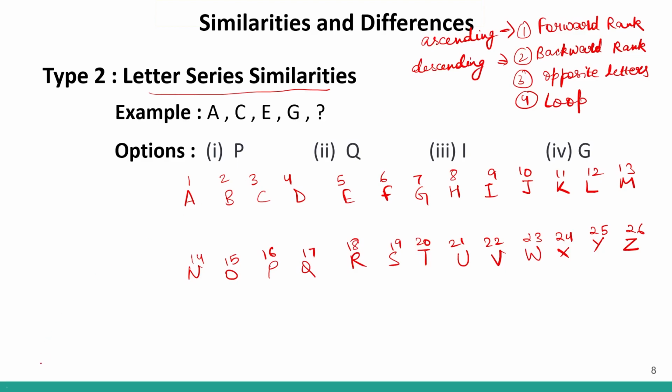In backward rank, we go from larger number to smaller number. So from Z, I'll give it first rank. Y, I'll give 2. X, I'll give 3.